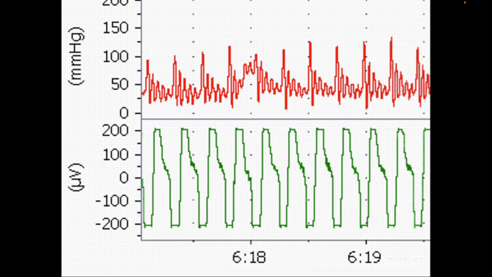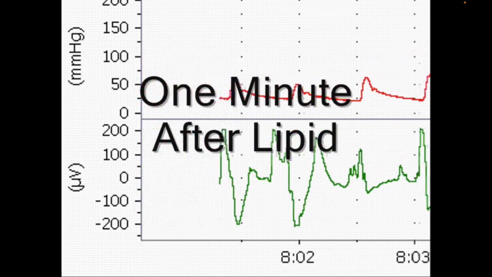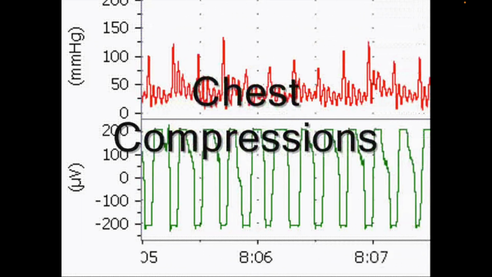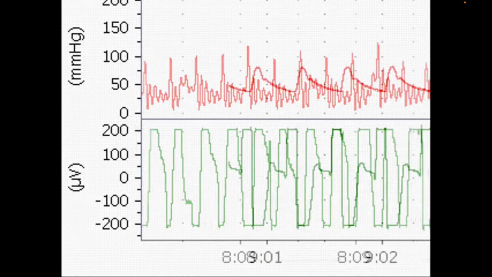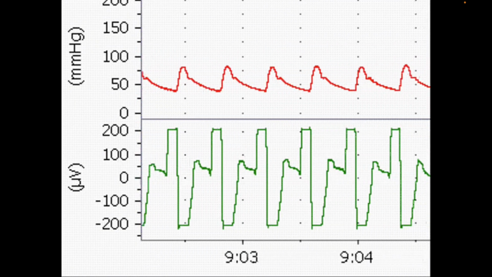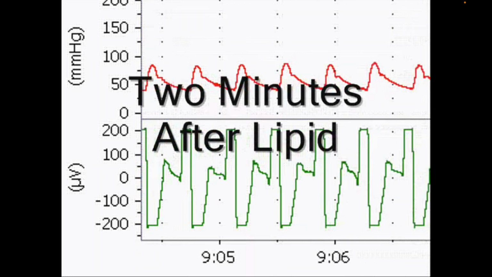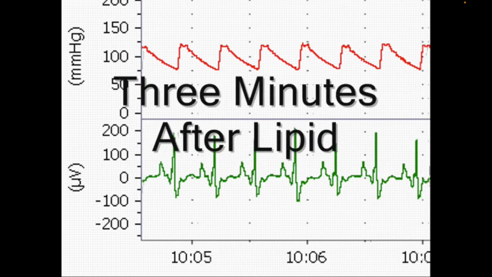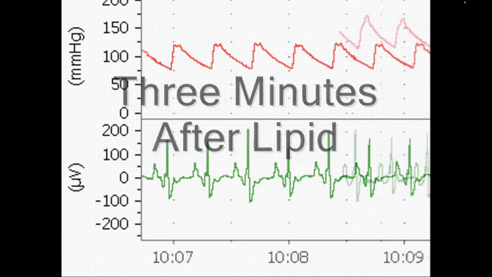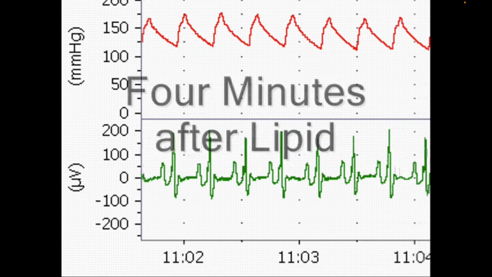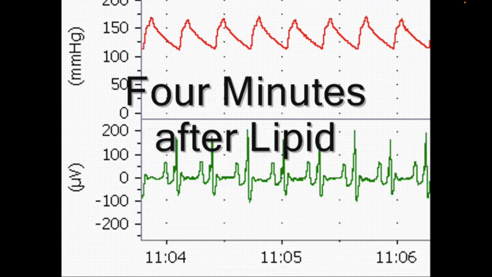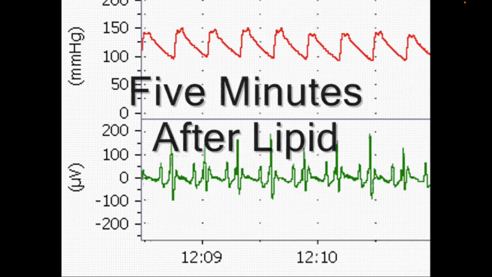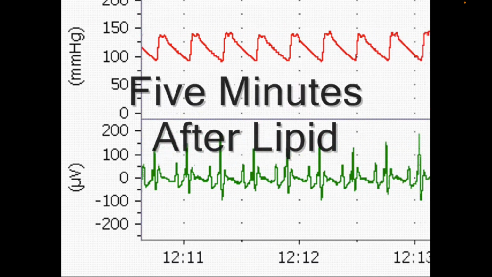After just 1 minute, the heart begins beating independently, with chest compressions to help distribute the lipid emulsion. After 2 minutes, the beating continues to improve. Within minutes of lipid emulsion treatment, rapid heart rate and high developed pressure is observed, indicating a strong return to independent beating and circulation.